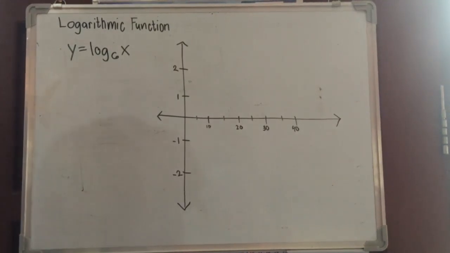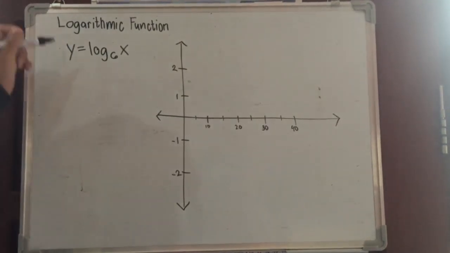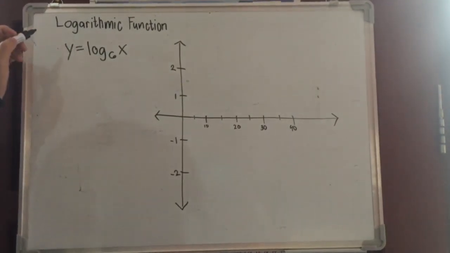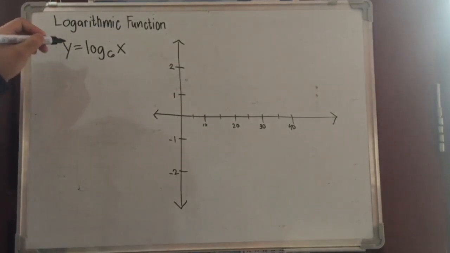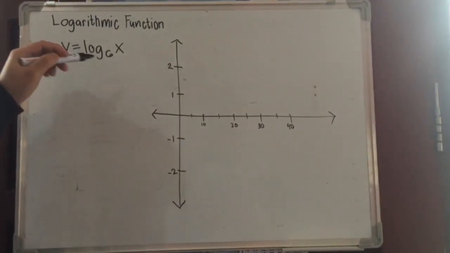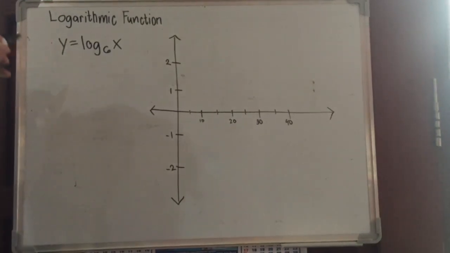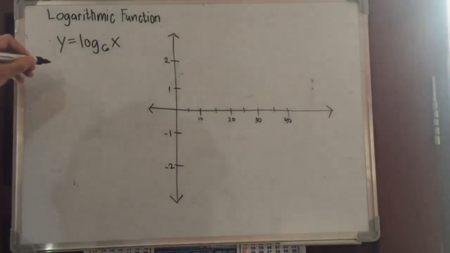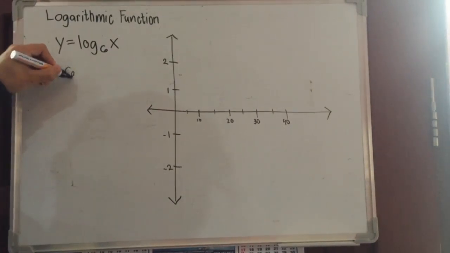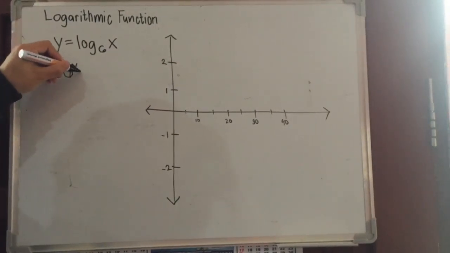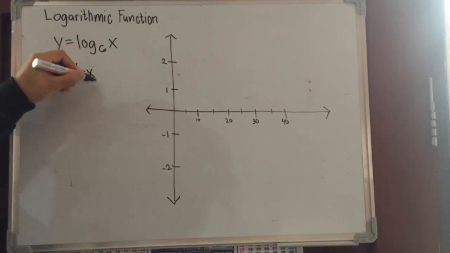So in this example, we're given y equals log base 6 of x. In this case, we can convert it into an exponential equation. It's like this: 6 to the power of y equals x.